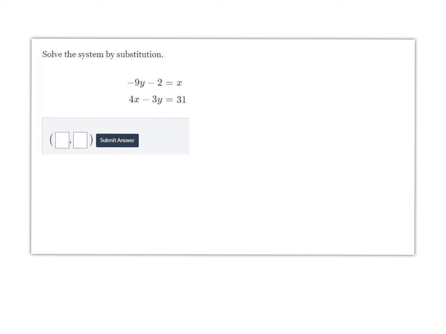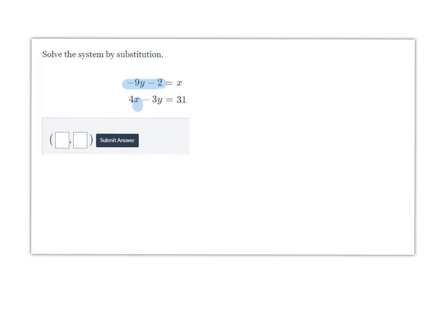That means we can take this and replace it here where we see x, because this says 4 times the x value, which means 4 times negative 9y minus 2, minus 3y would have to equal 31. So let's go ahead and work that out where we plug that in here for x.